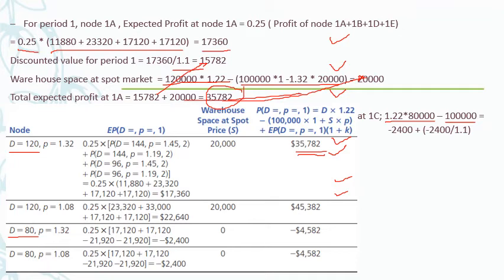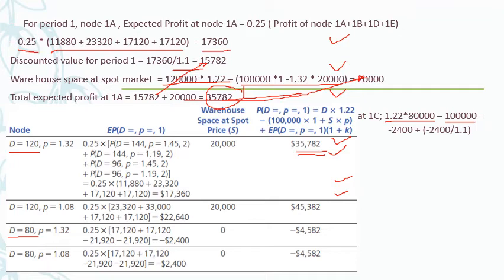Even though the space utilized is 80,000 square feet, I need to pay 1 lakh rupees. The amount will not get reduced to 80,000 because the condition in option 2 itself is like that. Up to 1 lakh, it is rupees 1 per square foot. Anything extra, you have to pay extra.